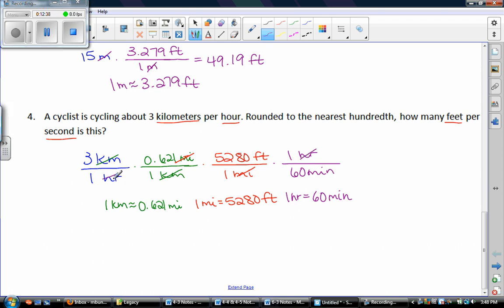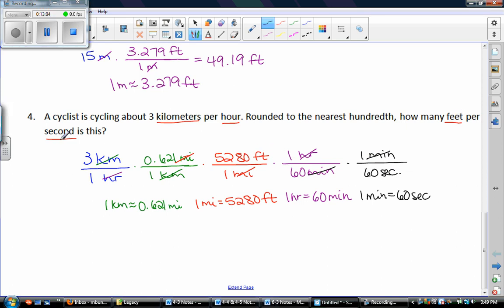Hours and hours cancel. And our last conversion, now we need to go from minutes to seconds. So we know that 1 minute is equal to 60 seconds. So to cancel the minutes in the denominator, we'll put minutes in the numerator, 60 seconds in the denominator. Minutes and minutes cancel, and double check. We have feet in the numerator, seconds in the denominator.